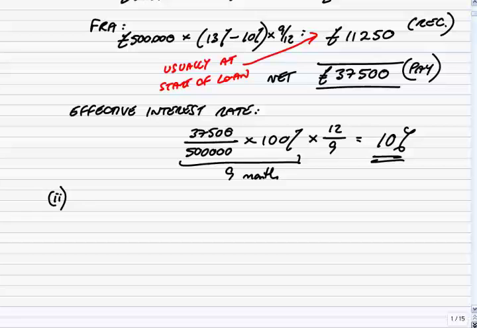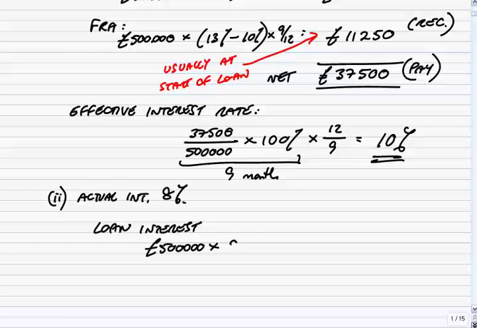So what I mean is, you see in part 2, where the actual interest rate is 8%, on the loan itself, you pay the actual rate. 500,000, 8%, 9 months. And so the actual loan interest would be 30,000.